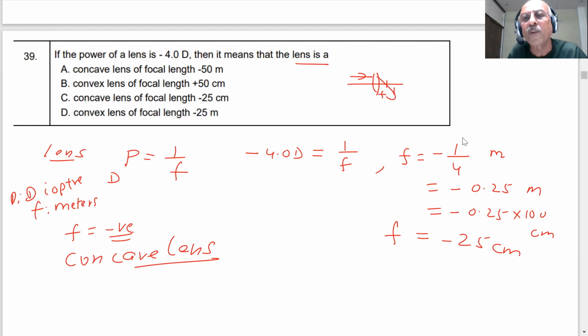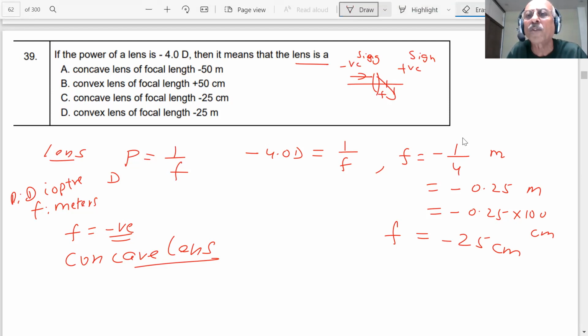This is the positive sign convention and negative sign convention. You are aware of the sign convention, student? Positive and negative sign convention you have already studied. So the convex lens has a positive focal length, but the concave lens is a diverging lens.